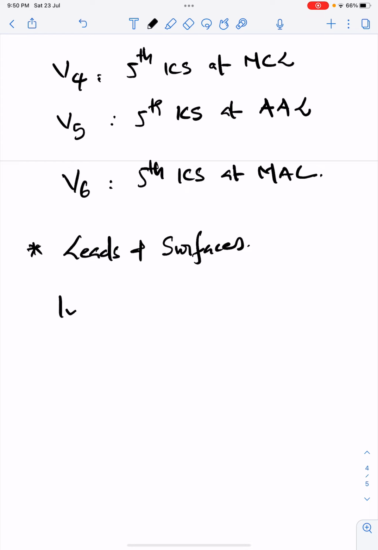So the inferior wall of the heart is represented by lead 2, 3 and AVF.